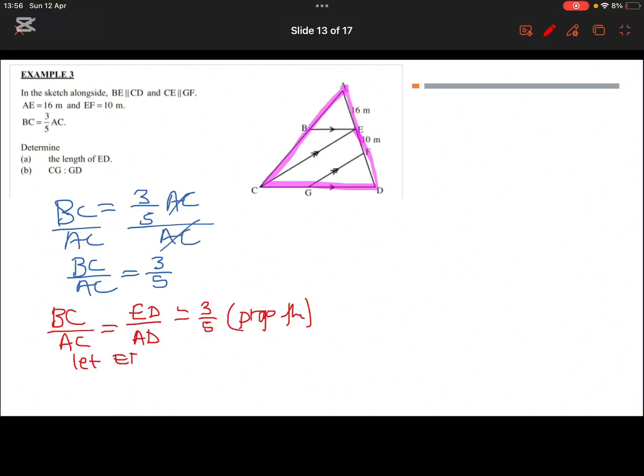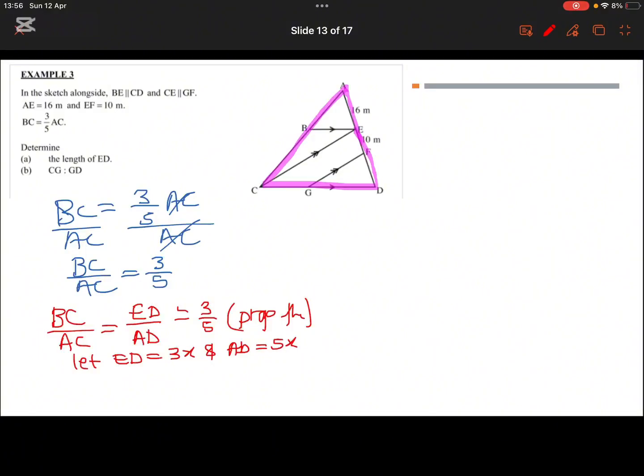Then now I can say let ED be equal to 3x and AD be equal to 5x. Now our ED is equal to 3x, and our AD, which is the whole of that.